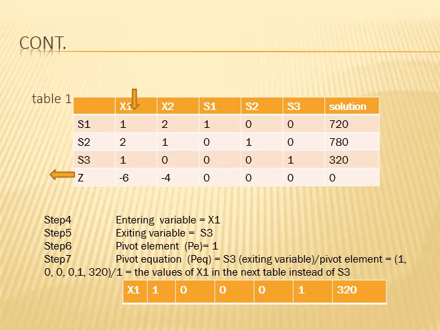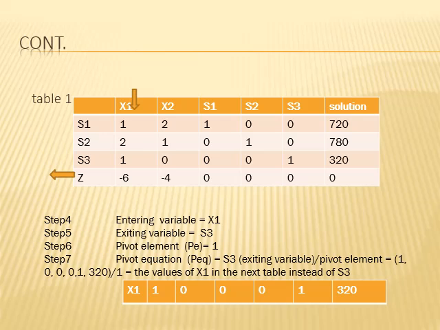The pivot element is the intersection point between the row of the exiting variable and the column of the entering variable, which is 1. The pivot equation, S3 exiting variable or pivot element: 1 0 0 0 1, 320 over 1.